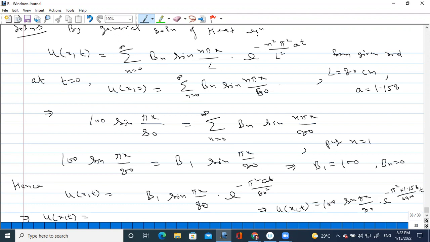So many methods we can apply, but this method is simple. You just compare both sides, which term it will be. Because on the left hand side it is sine pi x by 80, how can I get sine pi x by 80 on the right hand side? Only a single term, when n is equal to 1, I can get this. So it will be simple. When they are not matching, we have to do that. Yeah, if many terms are there, then for that we have to find it, so that formula can be applied.